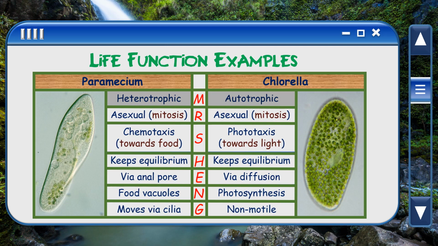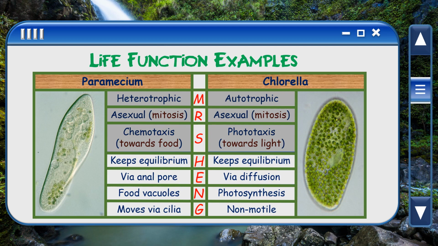The Paramecium uses heterotrophic metabolism, and Chlorella uses autotrophic, feeding by making its own food. Paramecium, in terms of reproduction, is asexual, under mitotic division. The same applies to the Chlorella. They still reproduce by asexual reproduction using mitosis.